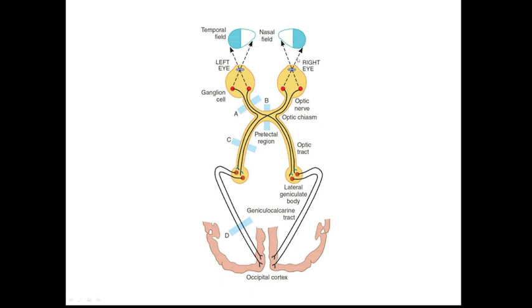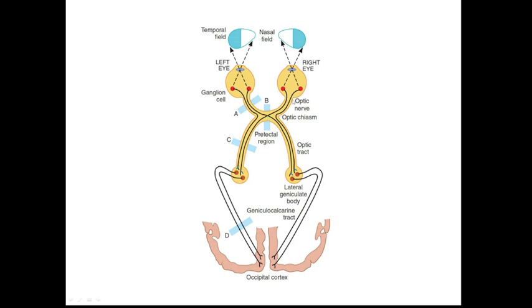Here you can see the nasal part of the retina is responsible for collecting the information from the temporal part of the visual field, and the temporal part of the retina is responsible for collecting the information from the nasal part of the visual field, in the case of the left eye also. The optic nerve fibers come towards the optic chiasma.